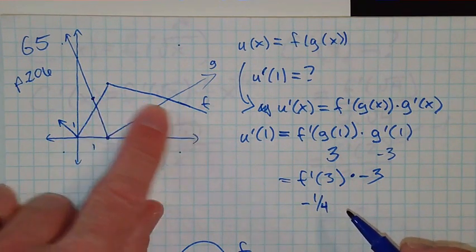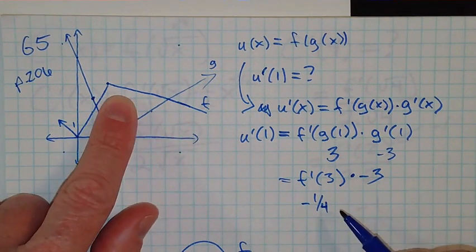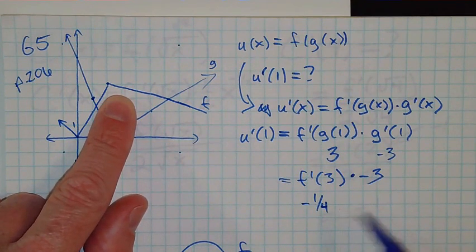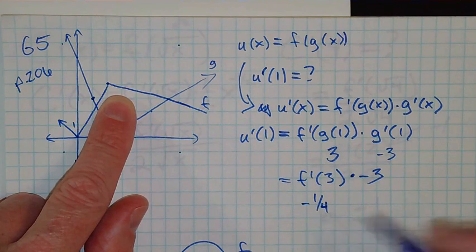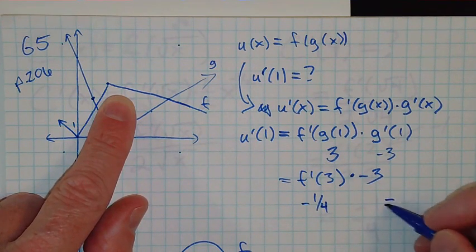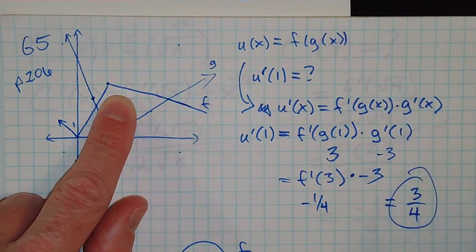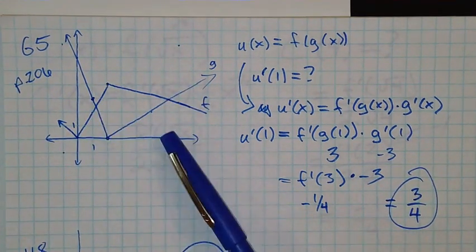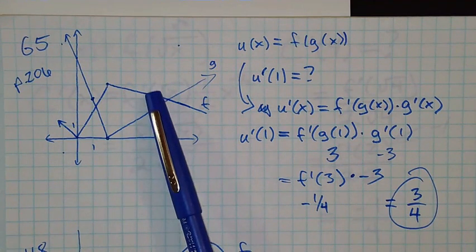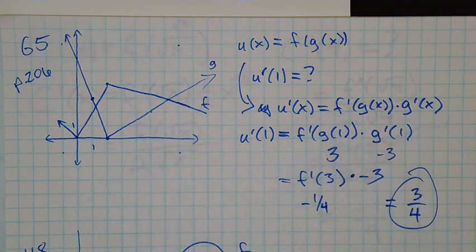Using the graph to say the slope of a tangent to this curve, so to speak, is -1/4. And so -1/4 times -3 looks like my answer is +3/4. Using the graph, finding the location, as well as the slope of a tangent at different points.